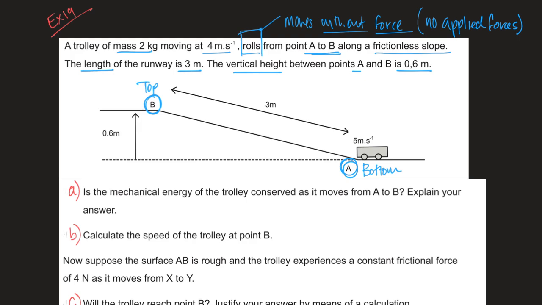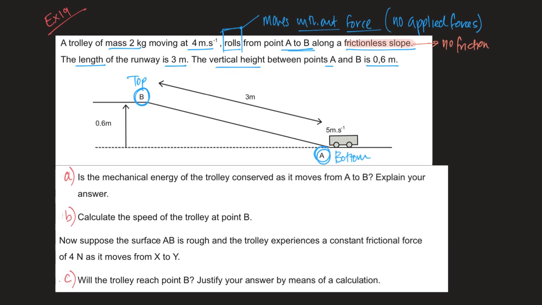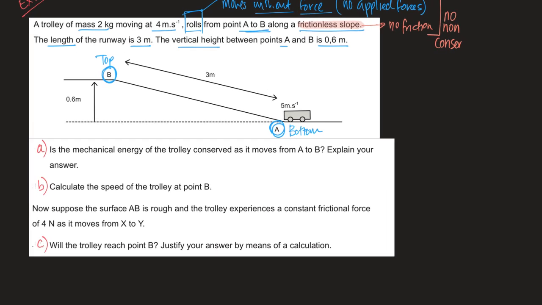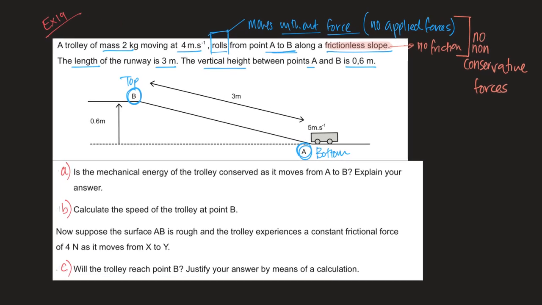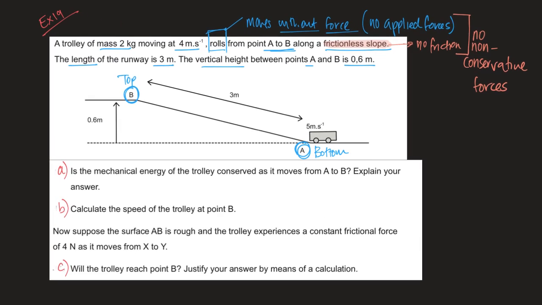The other thing I can see is that it says frictionless slope. Frictionless slope tells me I have no friction, which is self-explanatory, but with no applied force and no frictional force, it means there are no non-conservative forces acting on this object.